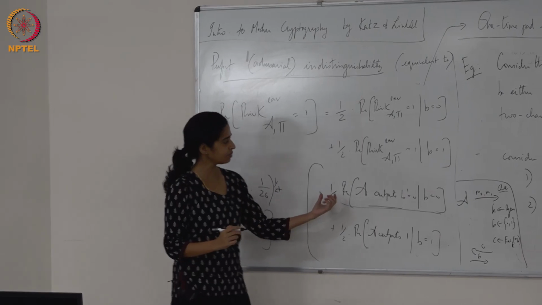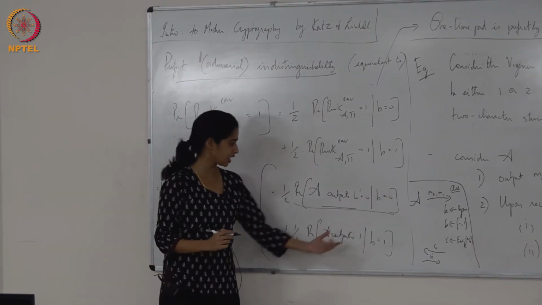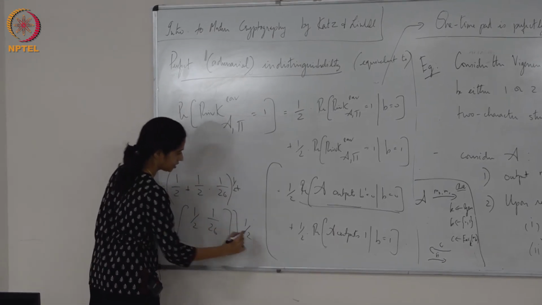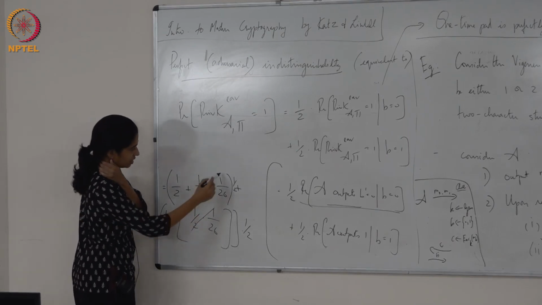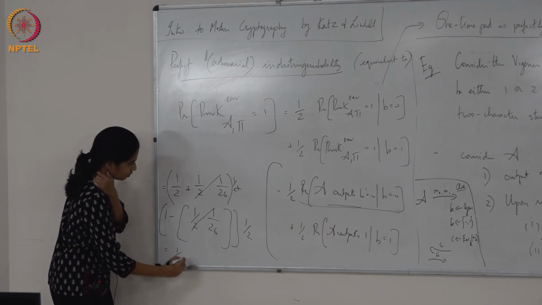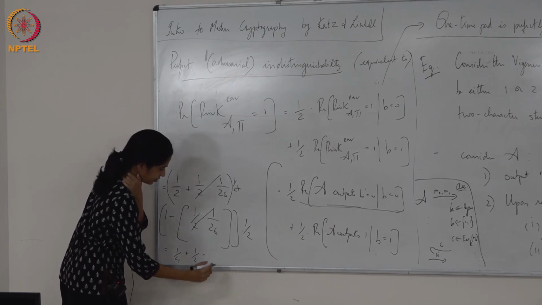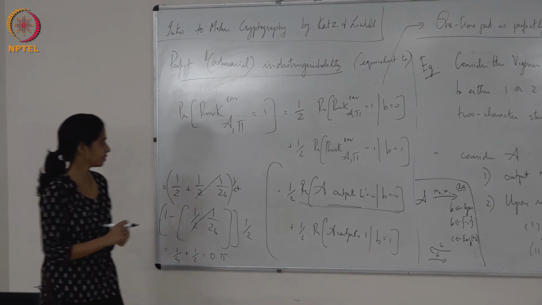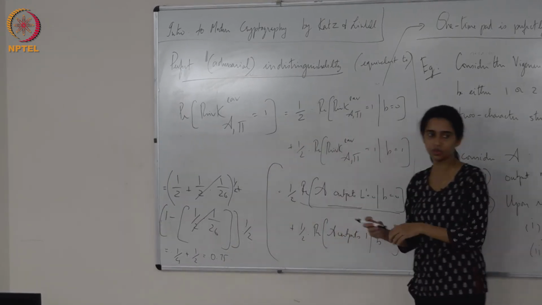Because it's half times probability A outputs 0, conditioned on B equals 0, plus half times A outputs 1, conditioned on B equals 1. So now you will see that this and this will get cancelled, and finally you will have 1 over 4 plus 1 over 2. Okay, so this is how mathematically it would come out to.